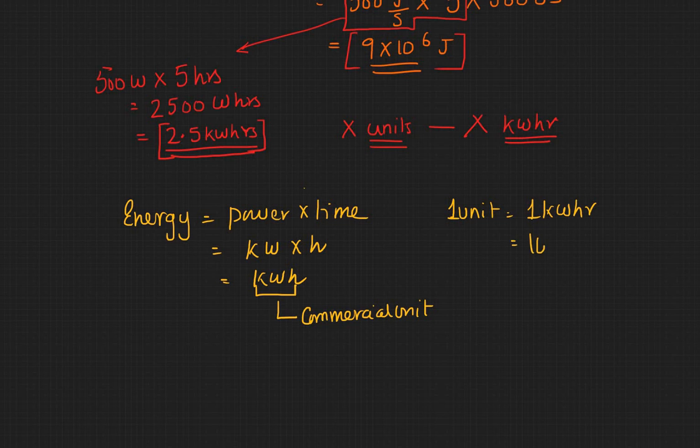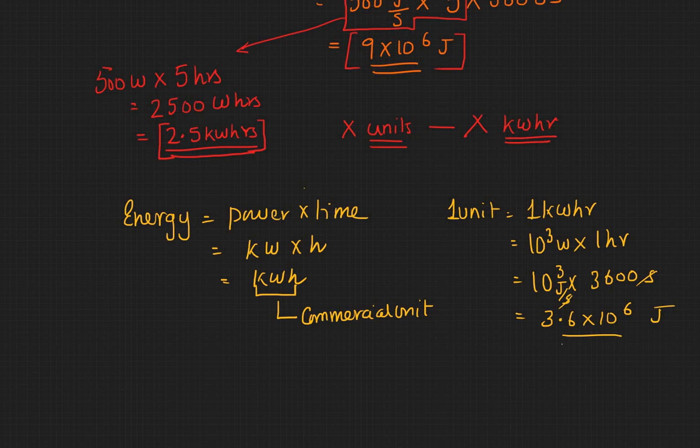And that's equal to 10 power 3 watts into 1 hour, and that's 10 power 3 into 3,600 seconds. And that'll be about 3.6 into 10 power 6 watts, which is joules per second, into seconds. So second and second will go off. And we can say this is 3.6 into 10 power 6 joules. That's 1 unit for you.